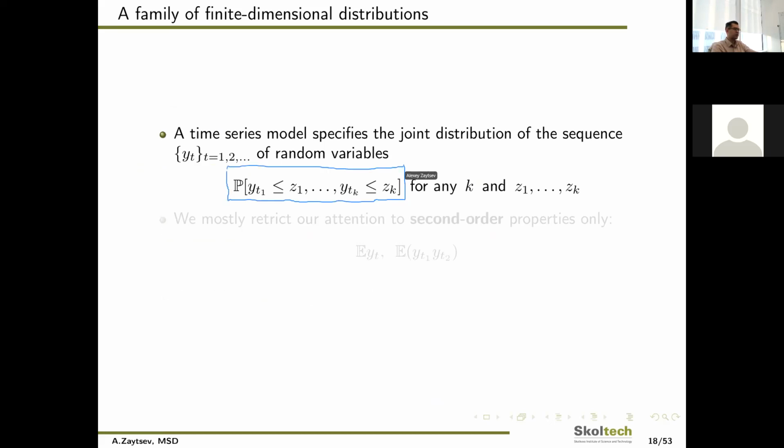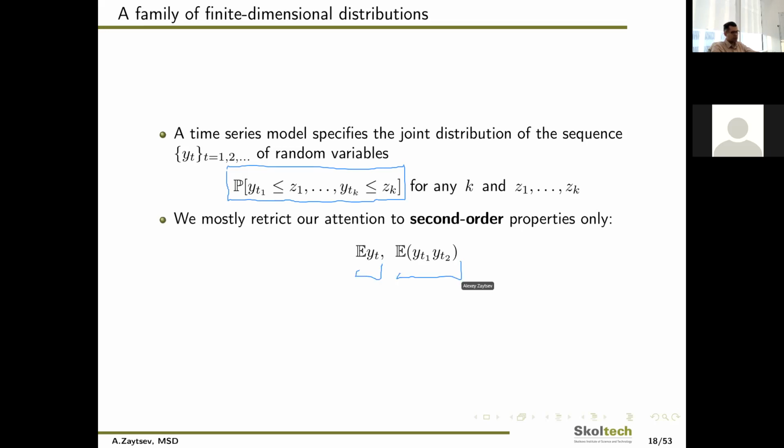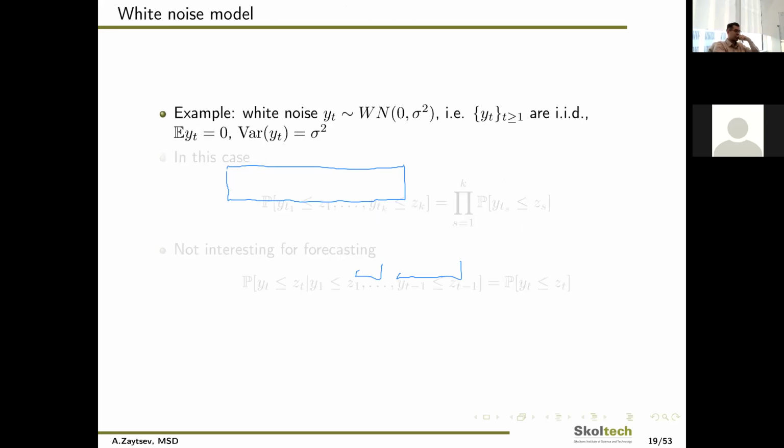And for sure, because we don't have a lot of data, and there are not many models actually to model the joint distribution, we mostly take a look at the first and second order moments of this distribution for particular times. So this is the mean value at each time. This is the correlation between two values here. And also typically we will start from even square models right there. And gradually we will increase the complexity of models to capture more and more effects related to time series.